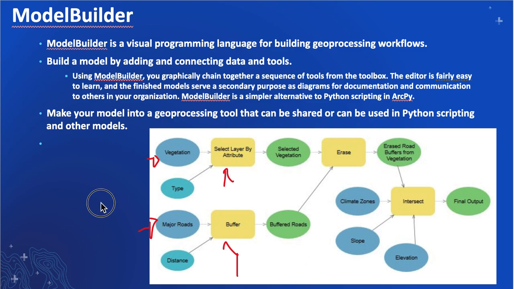And for this example here, this geoprocessing model is used by a conservation organization to identify potential habitats for an indigenous bird species based on vegetation type, distance from major roads, as well as climate zone, slope, and elevation.